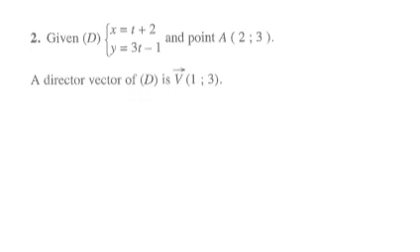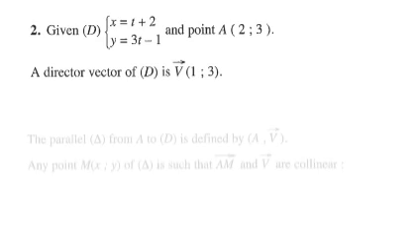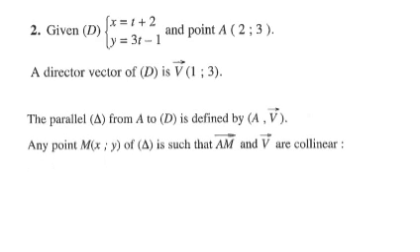Now what if I have a parametric equation and a point A, and we are asked to find the equation of a straight line passing through A and parallel to D? The same concept: we pick out the directing vector of the straight line, which is (1, 3). The parallel to D is defined by a point and a vector, and AM and v are collinear.